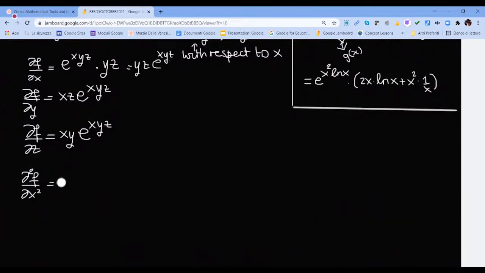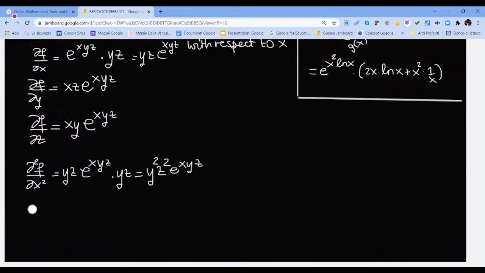That means you rewrite y and z, and you write the derivative of xyz, that is e to the xyz itself multiplied by yz. So you will have y squared z squared e to the xyz.